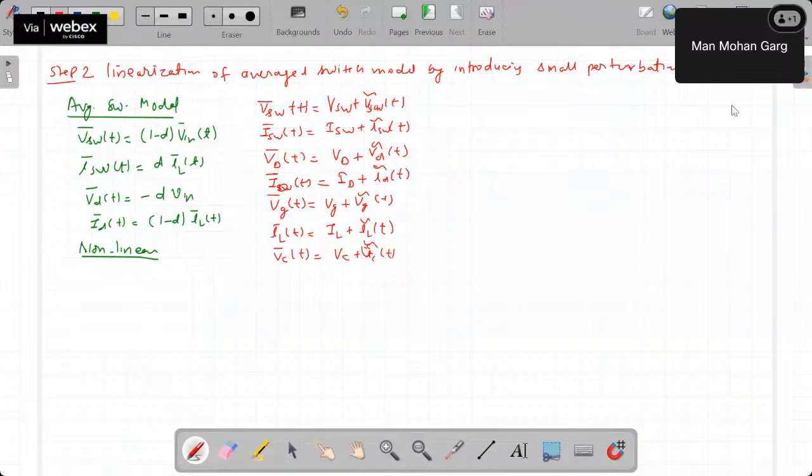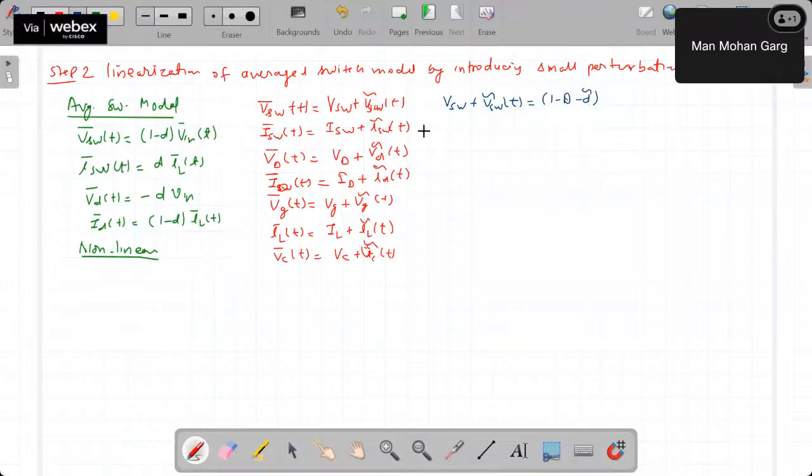Now we'll put these perturbations into this averaged model. So what we get from here, the first equation: VSW plus VSW cap is equal to 1 minus D minus D cap, times Vin plus Vin cap.